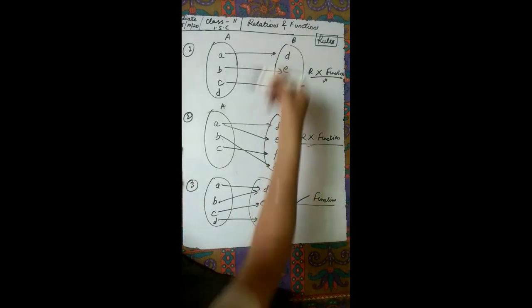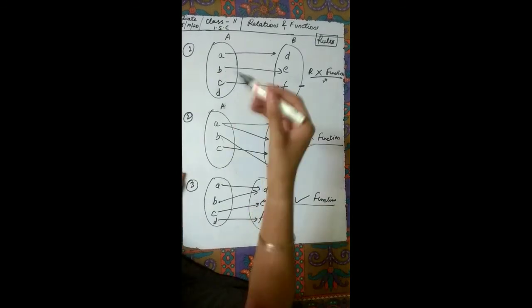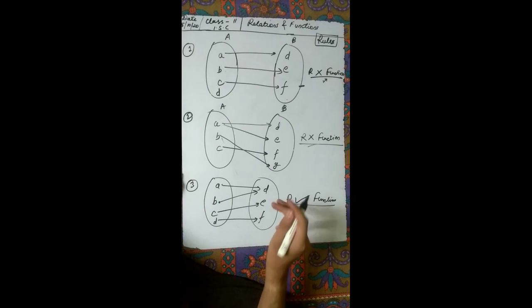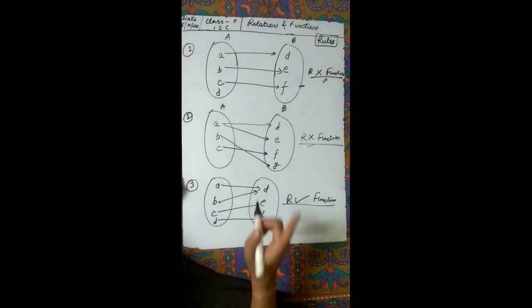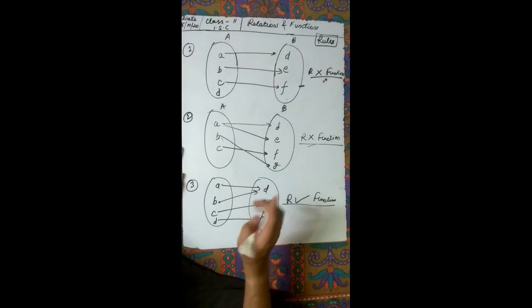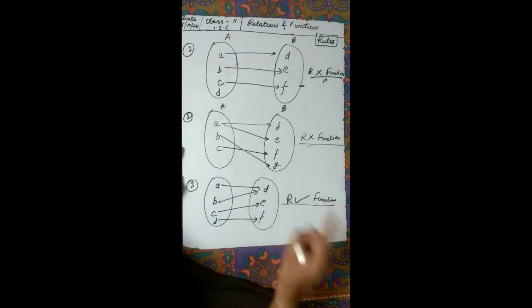I hope you have understood these 3 rules, and on the basis of these 3 rules we will be understanding the definition of the function. So with that it would be very clear. I'm reading the definition: a function from x to y is a rule which associates to the elements of x a unique element of y.